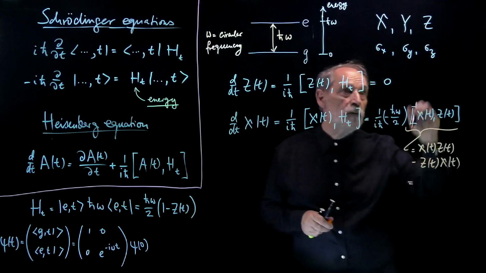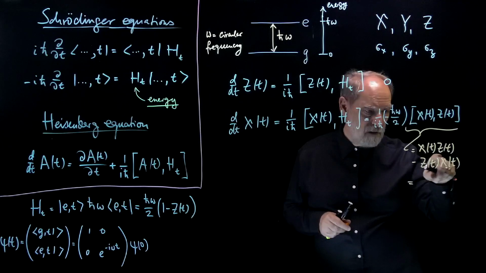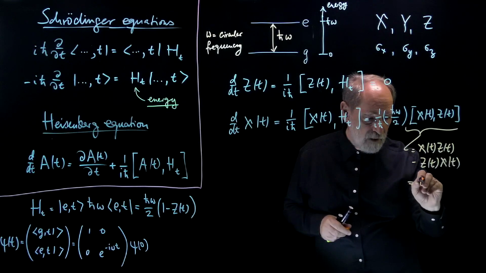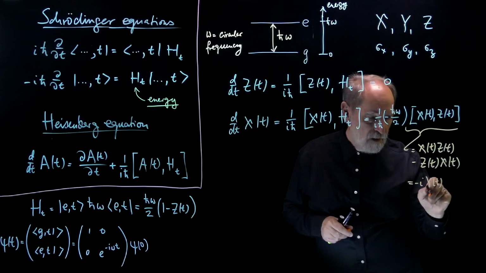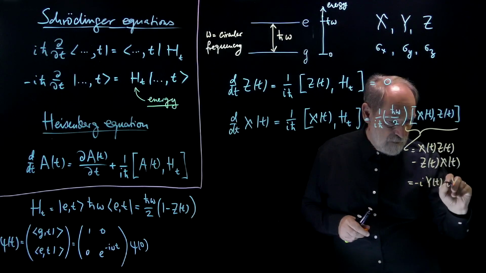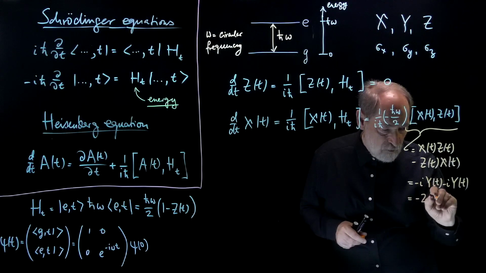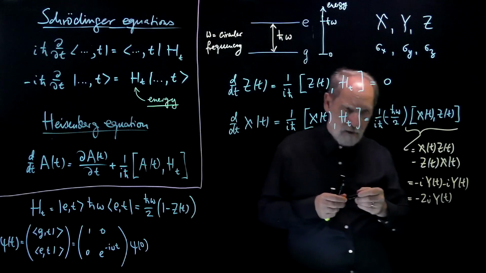But we know from the earlier lectures that the product of x with z is negative I times y, and the product of z and x is positive I times y. So together we have negative 2i y of t.